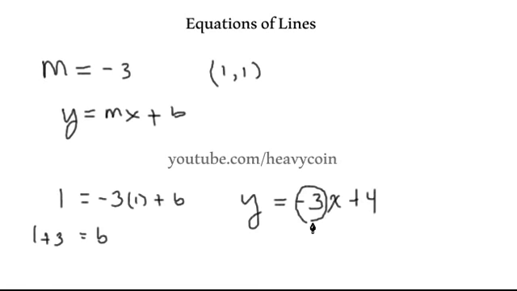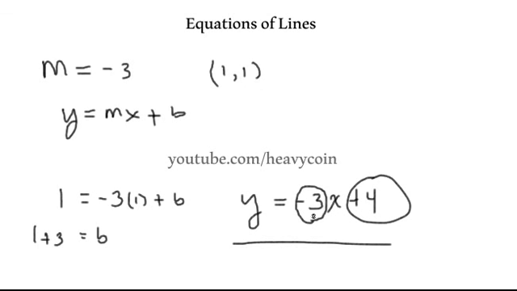As you can see, this number in front of x represents the slope. I don't know if I've mentioned that or not. Of course we plug 1 in. Negative 3 times 1 is negative 3, and negative 3 plus 4 is 1. Just checking things out. This number is our y-intercept, and this number is our slope. Y-intercept and then slope.